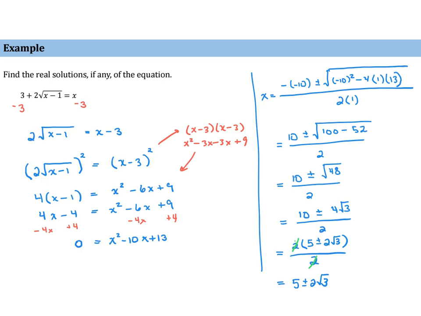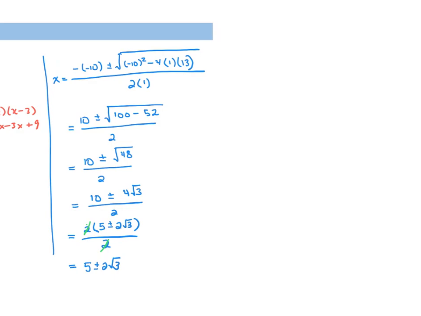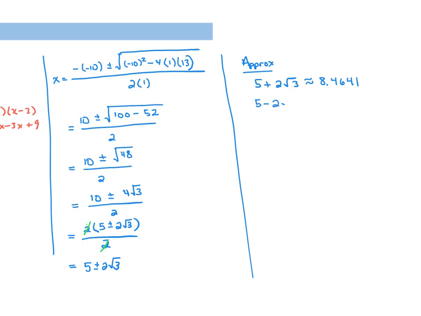So let's go ahead and find the approximations. 5 plus 2 square roots of 3 is approximately, and you have to do this on your calculator, 8.4641. 5 minus 2 square roots of 3 is approximately 1.5359.